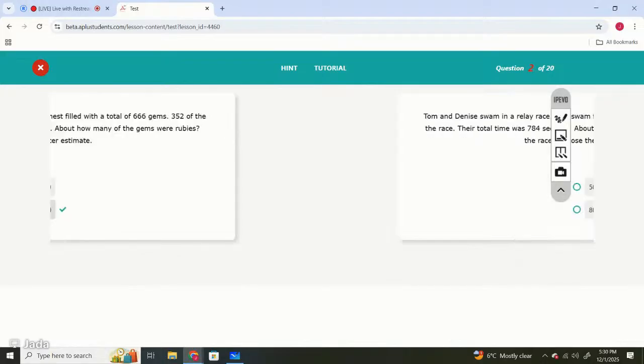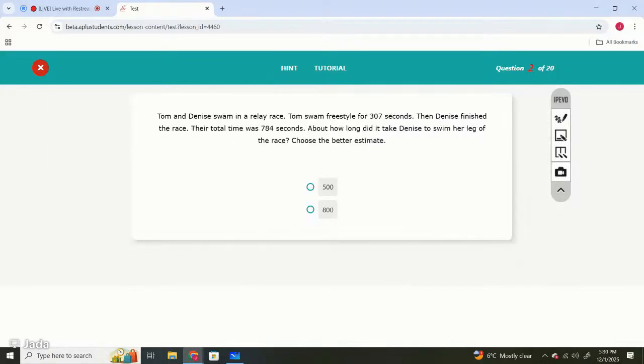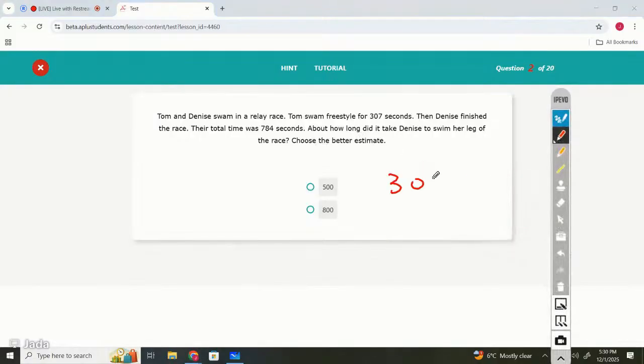Very good. Tom and Dennis swam in a relay race. Tom swam freestyle for 307 seconds. Then Dennis finished the race. Their total was 784 seconds. About how long did it take Dennis to swim his leg of the race? So which is the correct option?